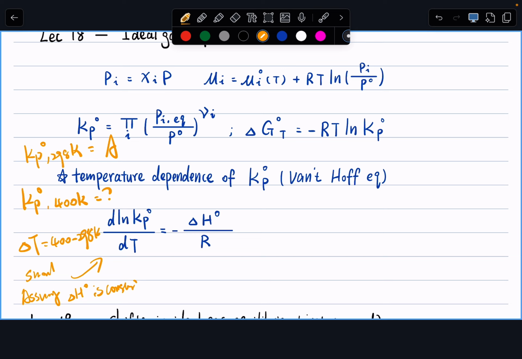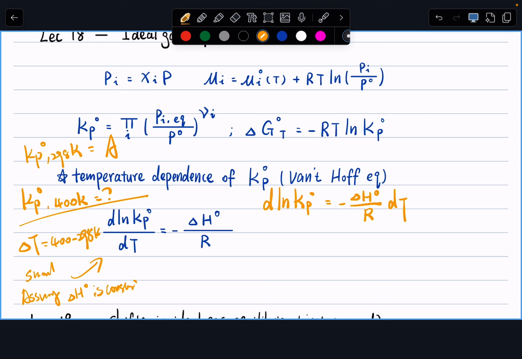And how do we do that? The ultimate goal is to find the Kp naught at 400 Kelvin. In this case, that's just a little bit of integral calculus. We're looking at d ln Kp naught equals delta H naught divided by R, with a negative sign, times dT.